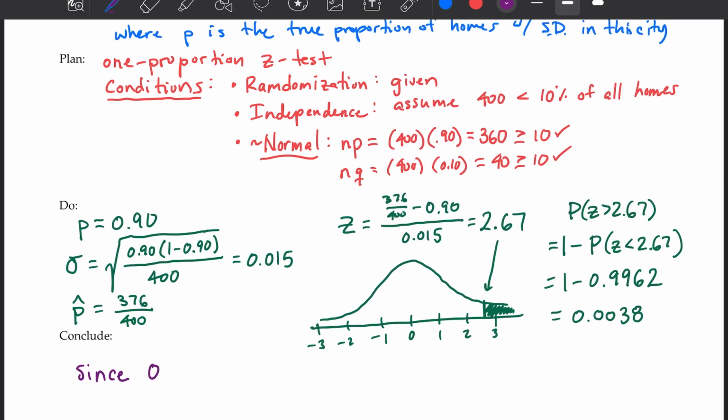Since 0.0038 is less than 0.01, so that's a direct comparison of my p-value to the alpha level, we can reject H naught.